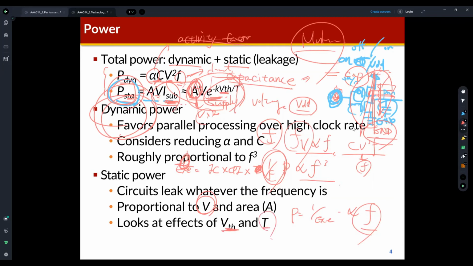If we see this static power equation, it does not include any clock frequency factor, which means it's not related to the performance of a computer system.